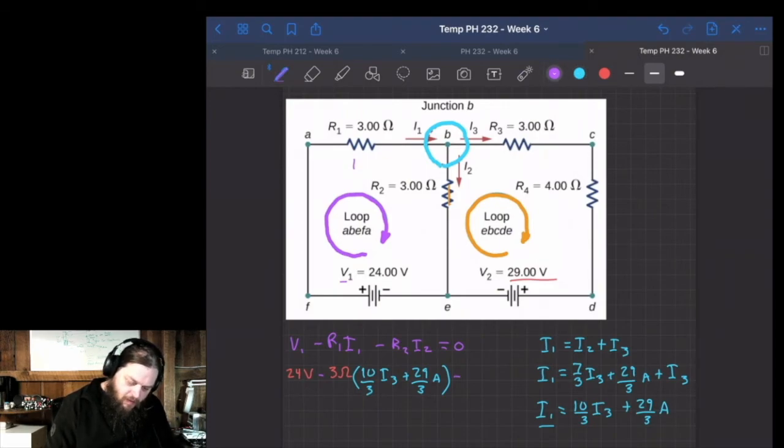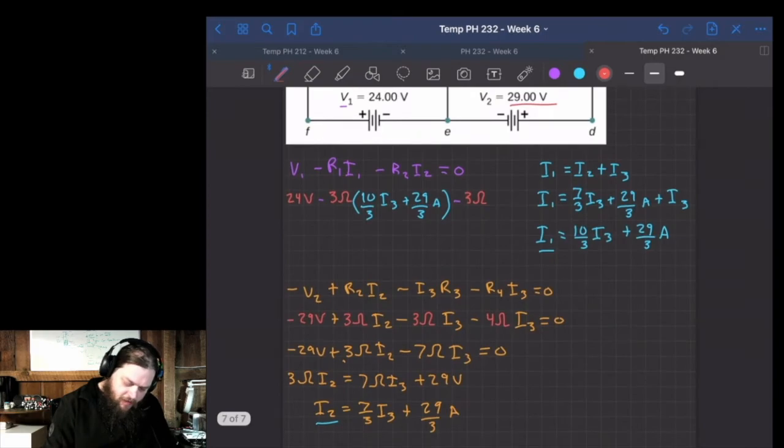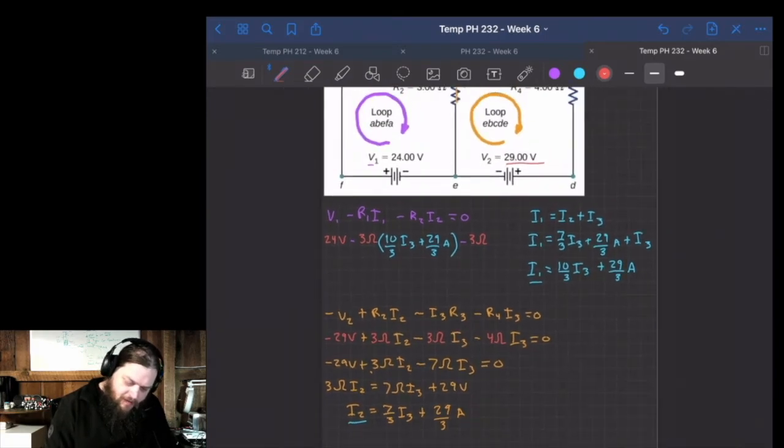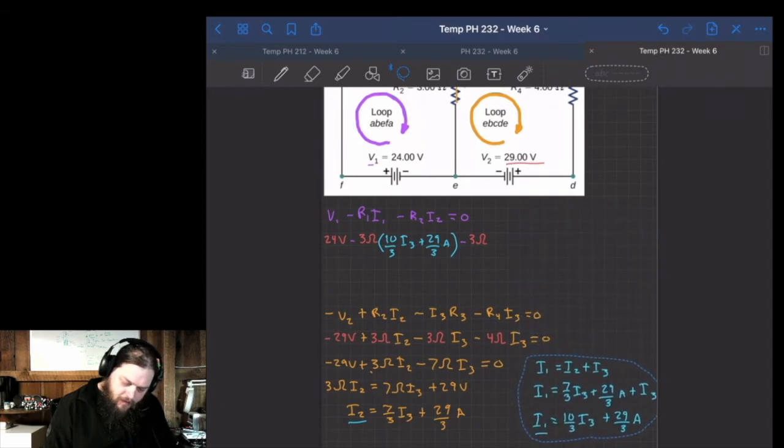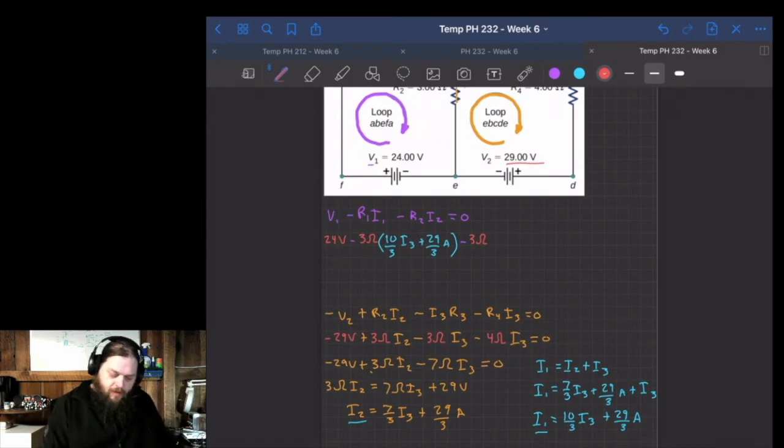Minus R2 being 3 ohms, times I2. I'm going to run out of space here. So let's move this down here. So I2 is 7/3 times I3 plus 29 over 3 amps.